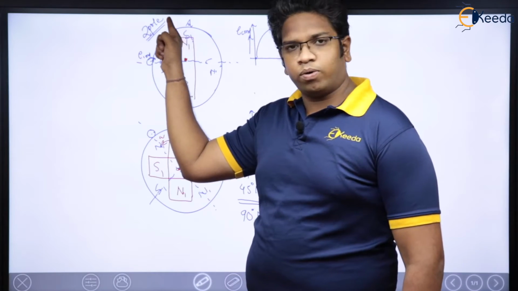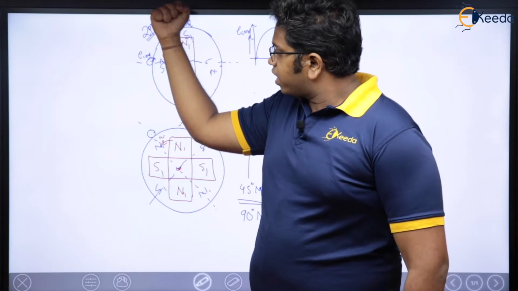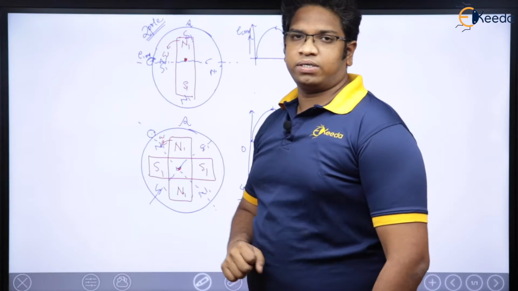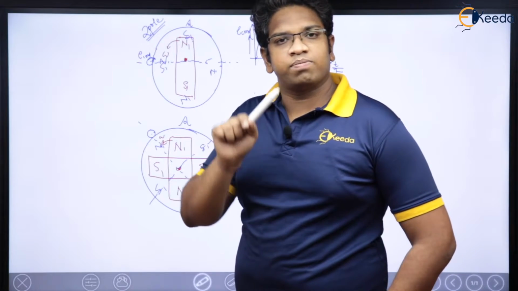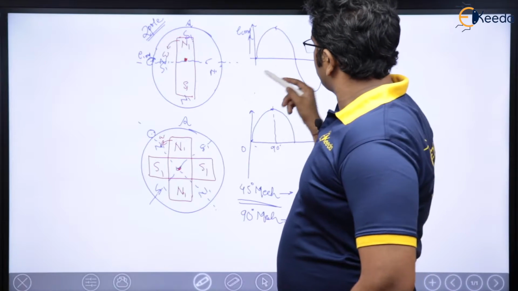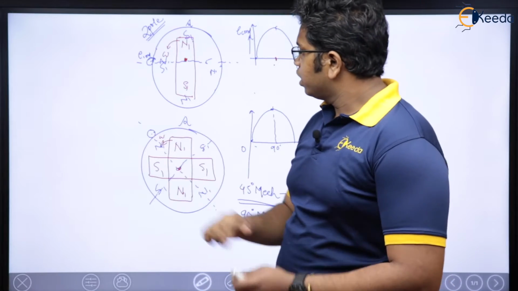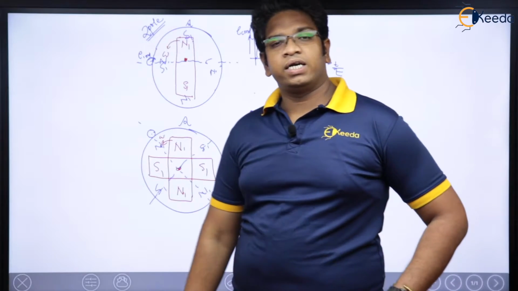This two-pole machine I am talking about. Then after 90 degrees, what has happened? Here I've got positive maximum induced voltage, which means it has traveled from 0 to 90 degrees. 0 to positive maximum is 90 degrees only. So here, mechanically if I rotate by 90 degrees, I get electrically 90 degrees only.